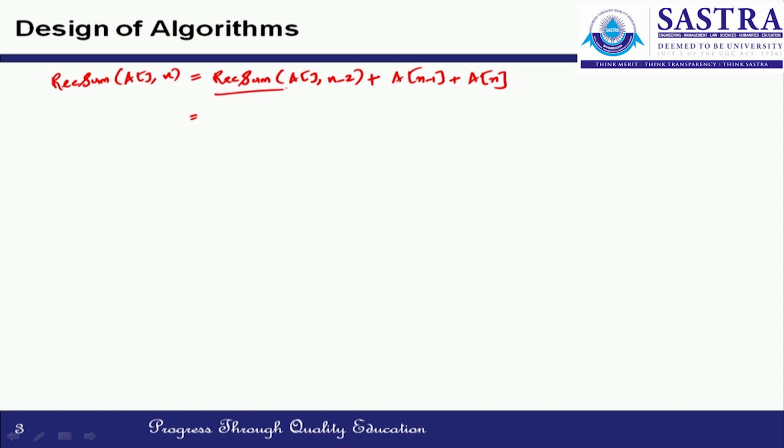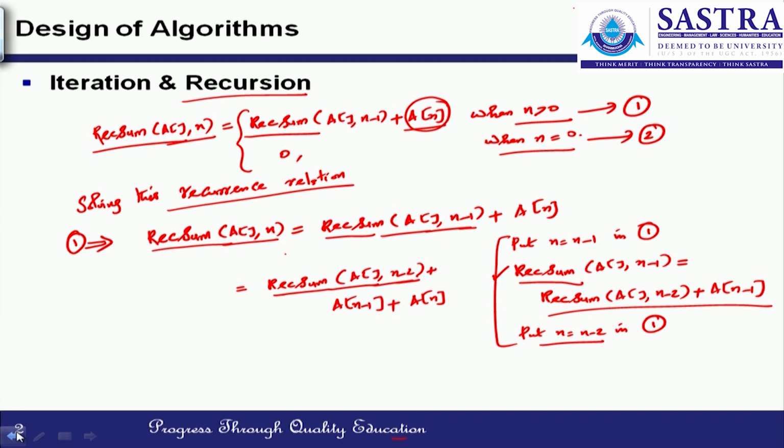Now recursive sum a array comma n minus 2, for which substitute n is equal to n minus 2 in 1, we have recursive sum of a array comma n minus 2 is equal to recursive sum of a array comma n minus 2 minus 1, this becomes n minus 3, plus a of n becomes a of n minus 2.